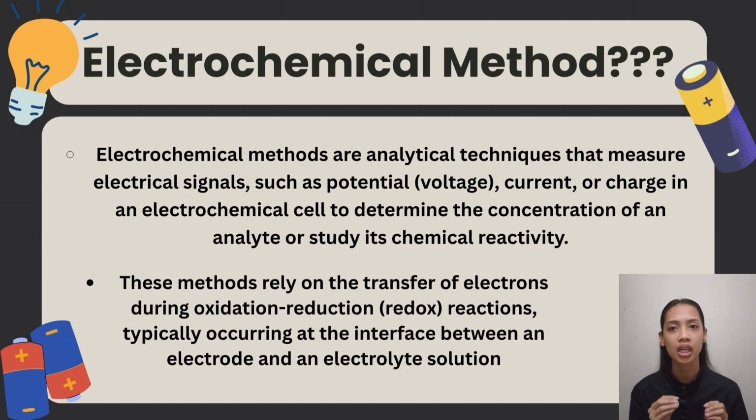Here, the potential, current, or charge depends on the specific chemical species present right at the electrode surface. Measuring pH with a glass electrode is a classic example of an interfacial electrochemical method. In this lesson, we will focus on interfacial techniques because they provide detailed information about specific analytes.